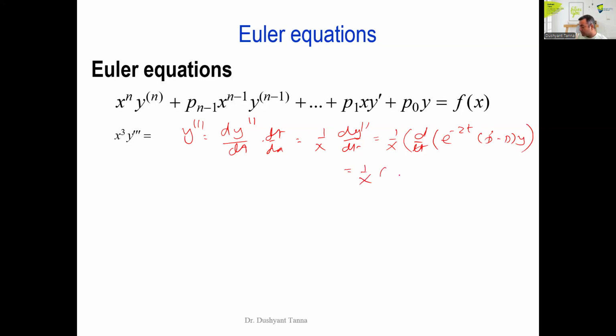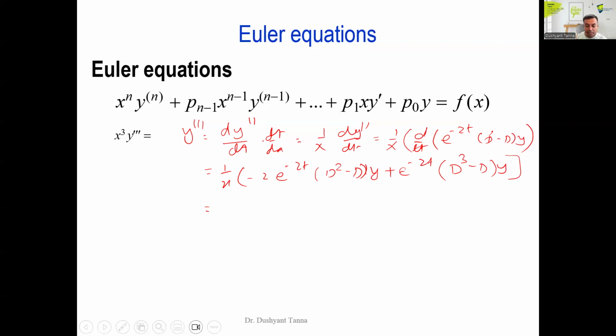And then we simplified 1 on x. Right? It's differentiation. So minus 2 e raised to minus 2t d square minus d y plus e raised to minus 2t d cubed minus d square y.